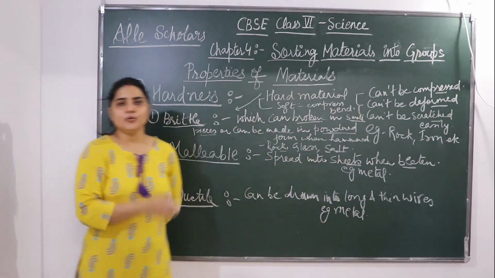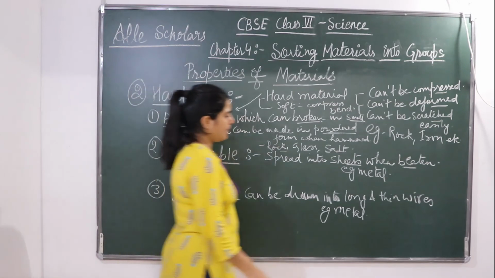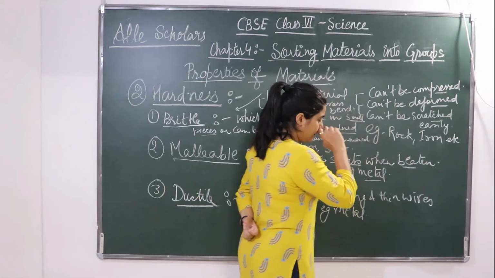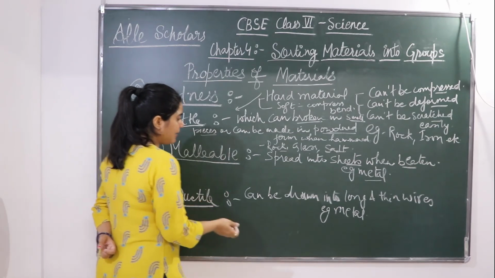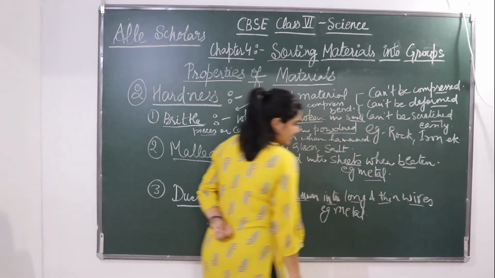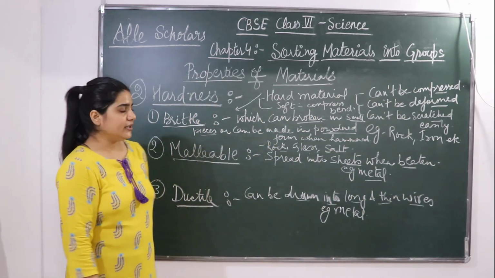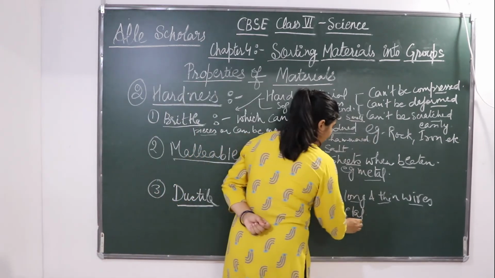If you beat aluminum, you can make aluminum sheet. So example is again a metal. Next comes ductile. Ductile can be drawn into long and thin wires. Example again is a metal.